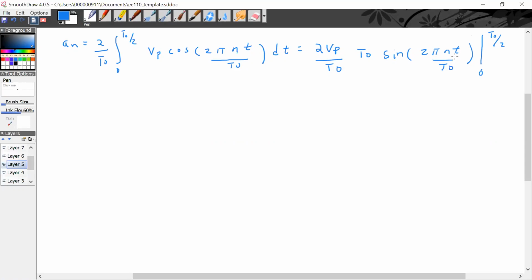Right? If I substitute 0 into sine, it's going to give me 0. Right? And sine 2 pi n, right, is 0. That's always going to give a 0. So in fact, all the ANs equal 0.